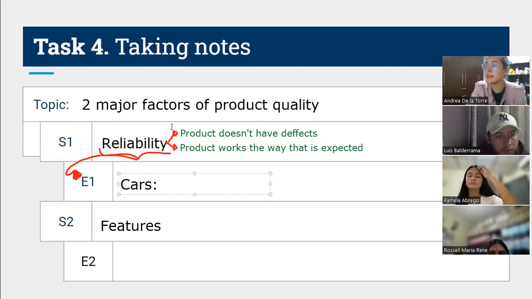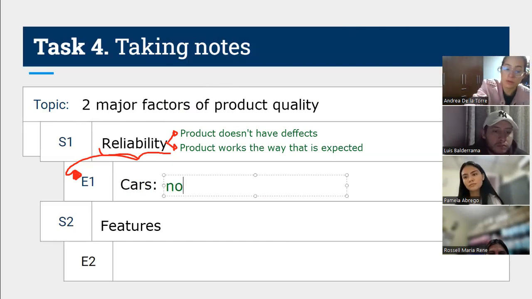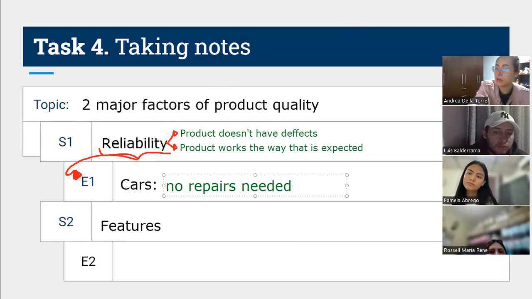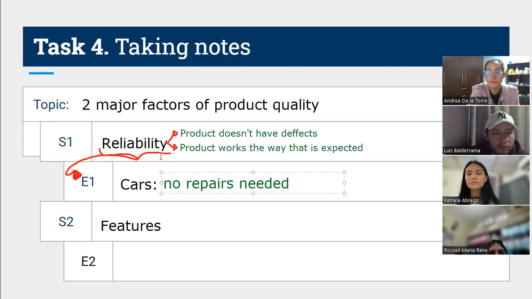And the professor said that a car will be reliable when it doesn't need repairs, as Louis said, too soon after buying the product. Is that okay? Do you guys have anything to add here in the first factor?